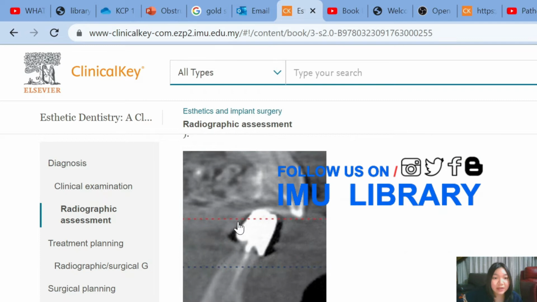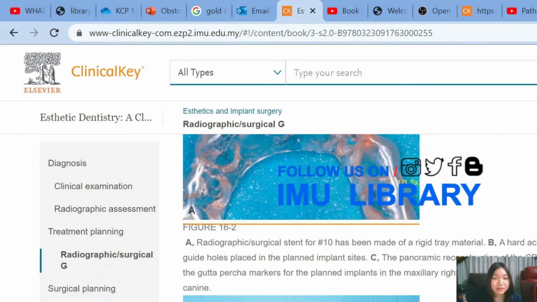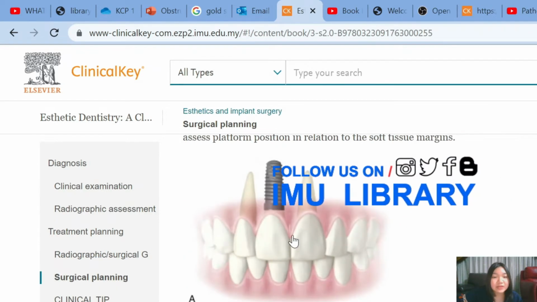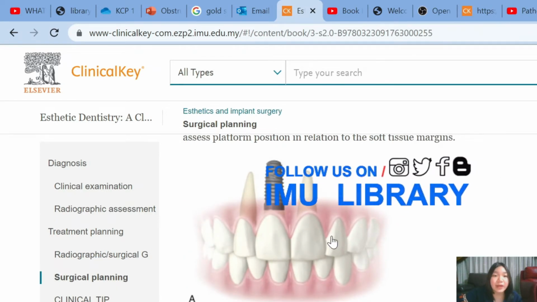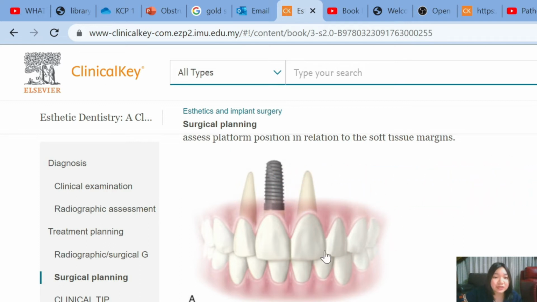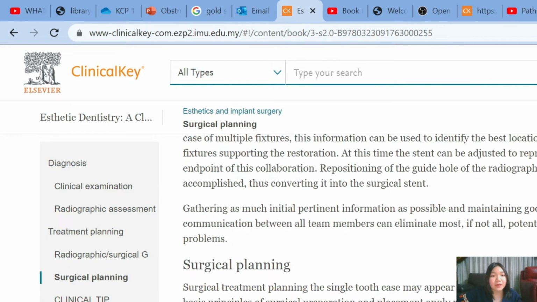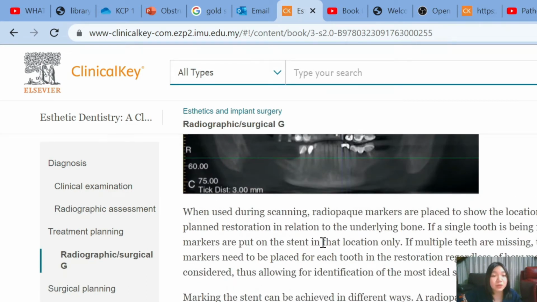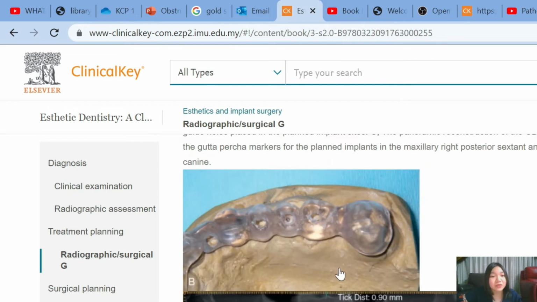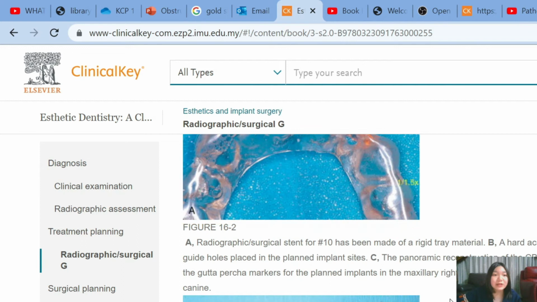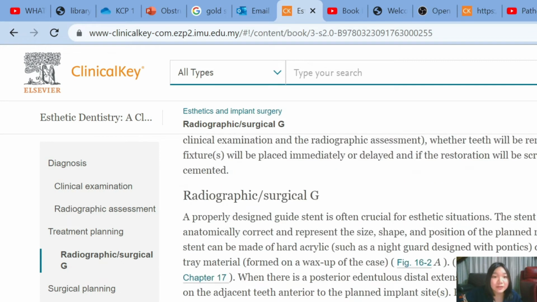You can see that there are a lot of diagrams and pictures for us to see. In this way, I find it very useful, and it's an interesting book for us to study, in the sense that instead of having a lot of words to read through, we can also refer to the diagrams, so it can help us better understand the concepts they are trying to teach us, and it makes this book less boring when we are reading it.